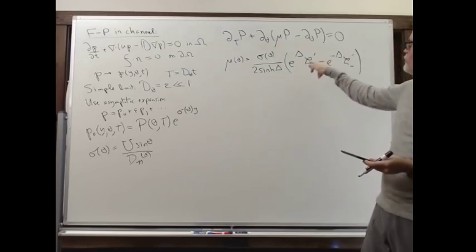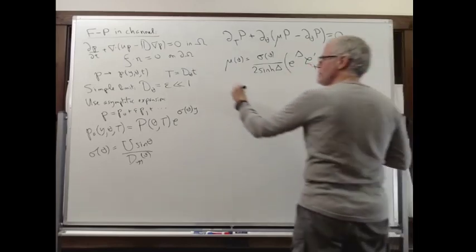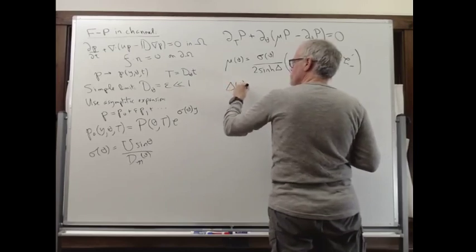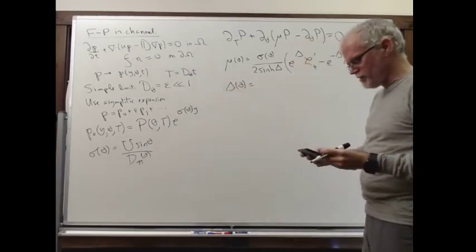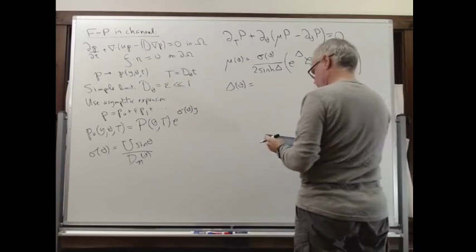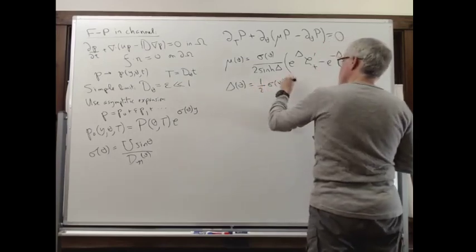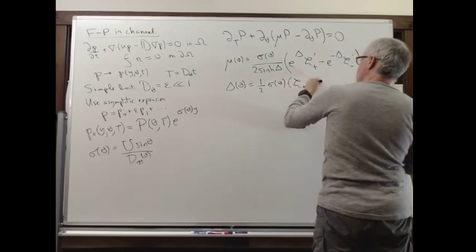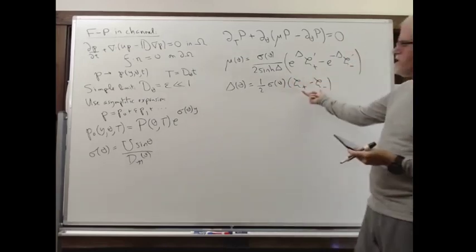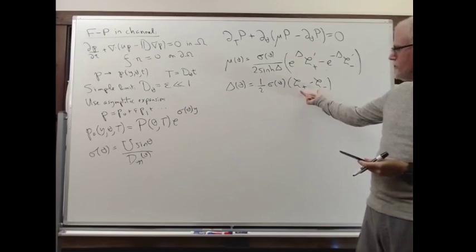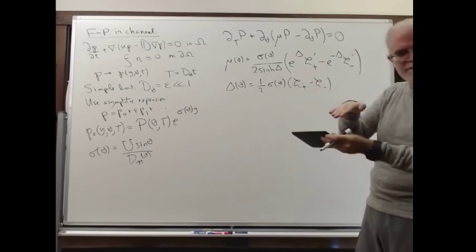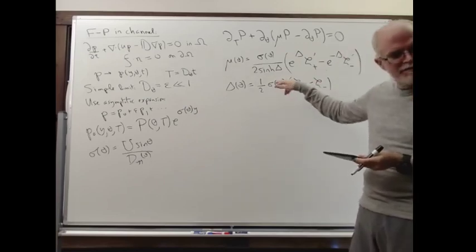So this contains wall information, but then this function capital Delta of theta also contains information about the wall. It's 1/2 sigma of theta, and then it's zeta plus minus zeta minus. So this is like the width of the channel. This difference is like the width at any given theta, but it's weighted by this drift.